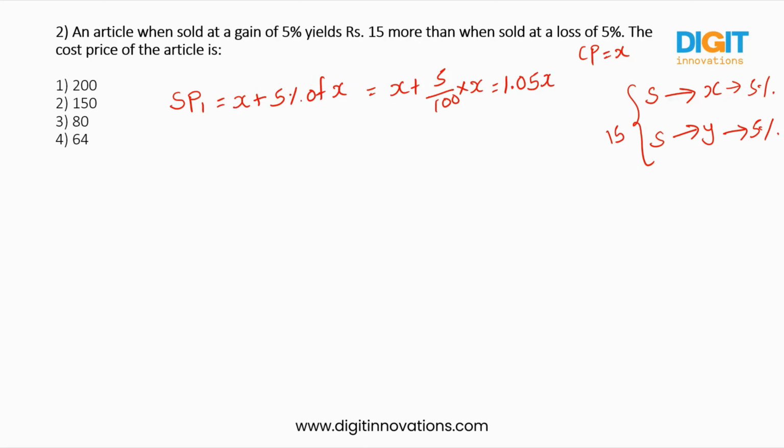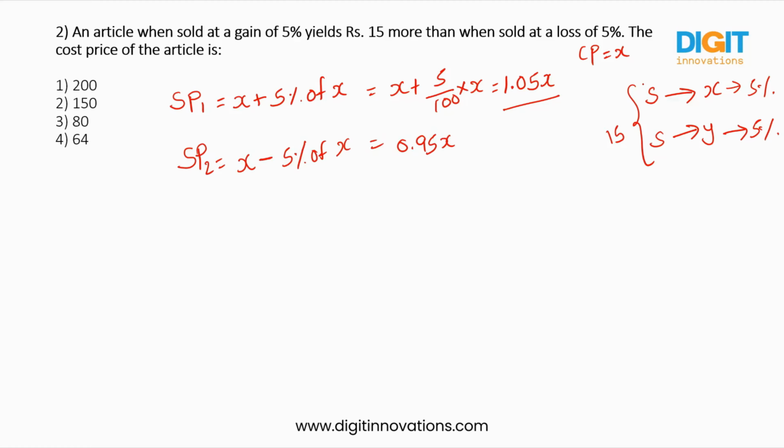Here you will get 0.05x, so 1x plus 0.05x gives 1.05x. And next, for the second selling price, you got a loss. So cost price minus 5% loss, then you will get 0.95x.